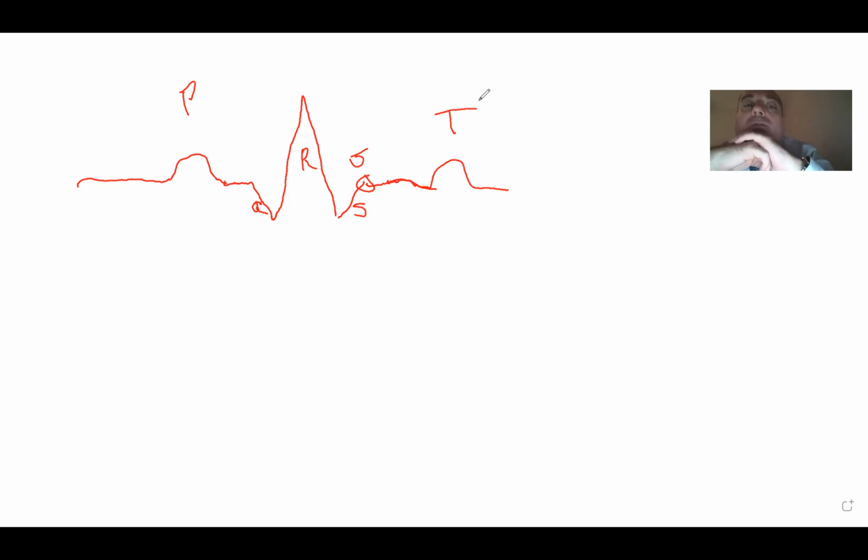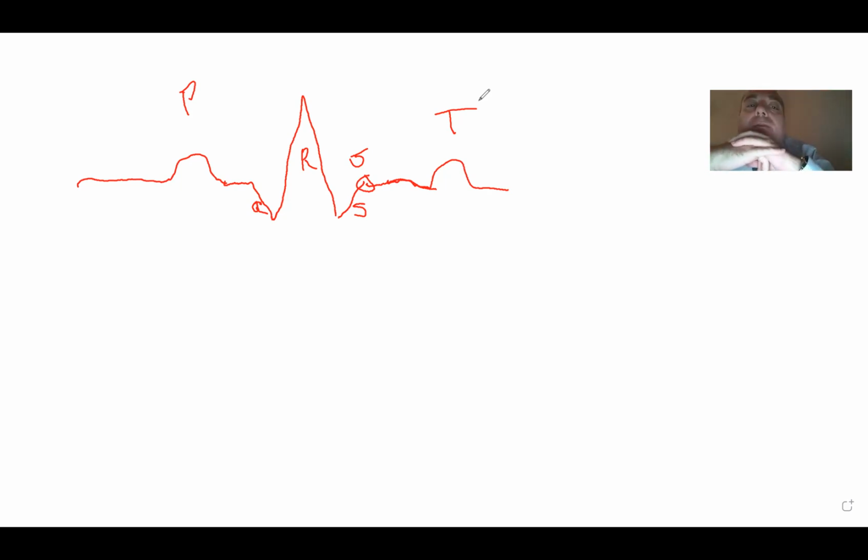Which one of these is really creating a pulse? Atriums beating by themselves don't create a pulse. The ventricles, and really the left ventricle, create a pulse. So the QRS is what corresponds to a quote unquote heartbeat.